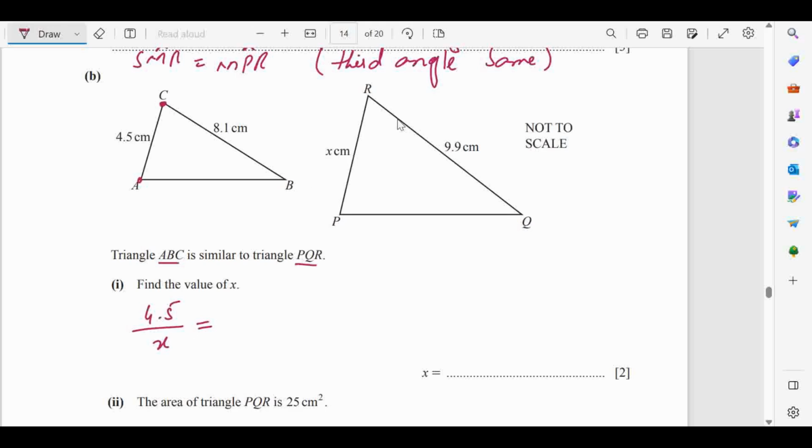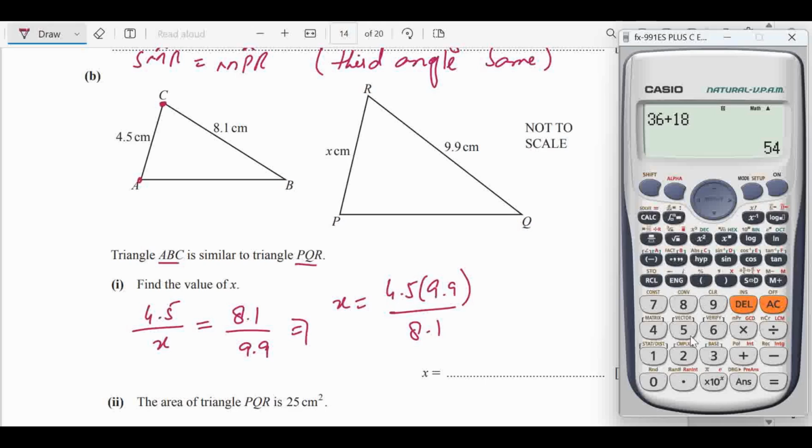CB is similar to RQ, so 8.1 divided by 9.9. If we rearrange it, x will be equal to 4.5 into 9.9, whole divided by 8.1.